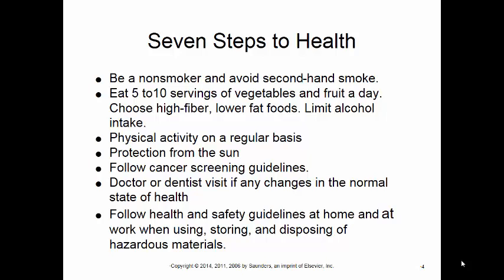Protect yourself from the sun, so wear sunscreen or a hat whenever you're out in the sun. Also follow cancer screening guidelines based on age and risk factors, so certain things like mammograms and prostate exams and colon exams. Follow up with your doctor or dentist if there are any abnormal changes in health.